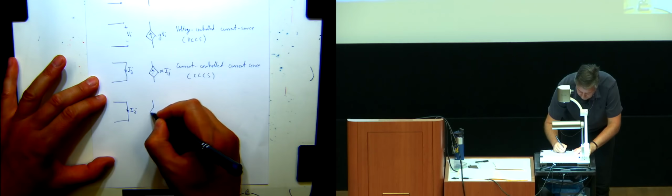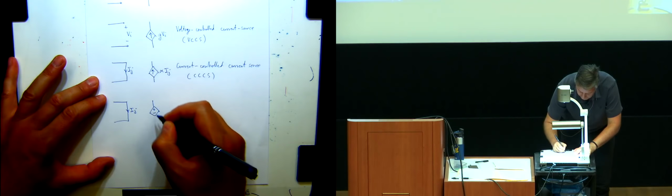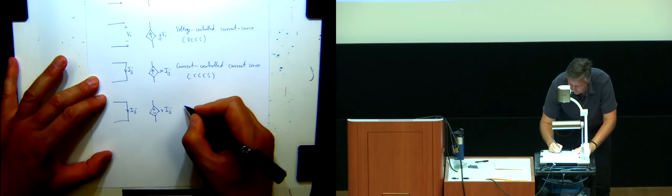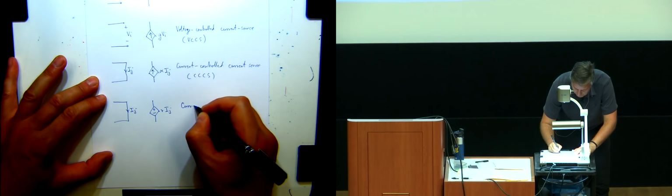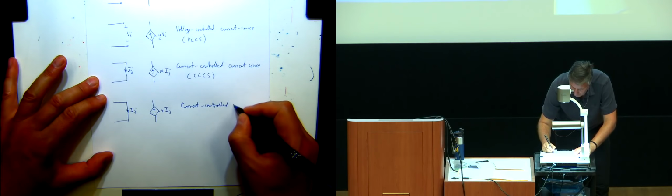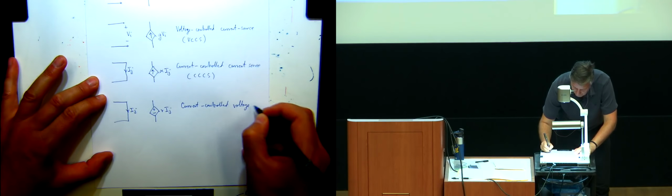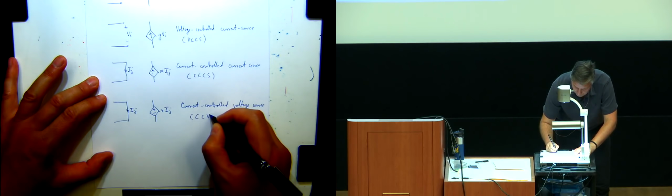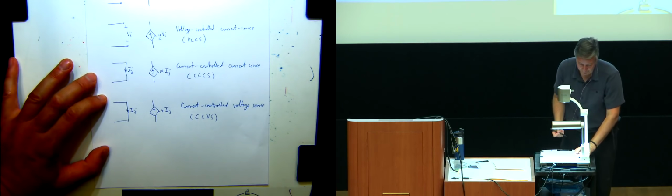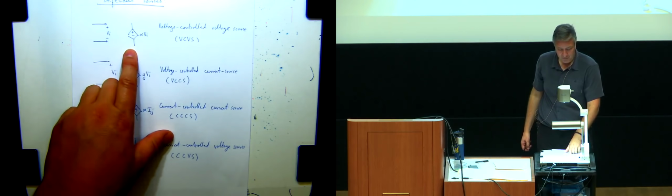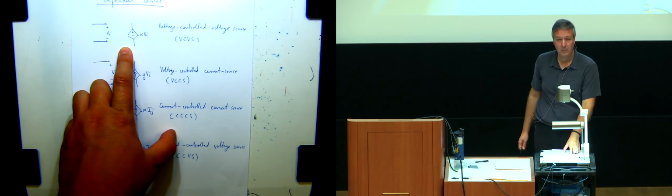Okay. This is R times IJ. So this is current controlled voltage source. Right. So when we do op amps, for example, this is going to be our model. Yes?